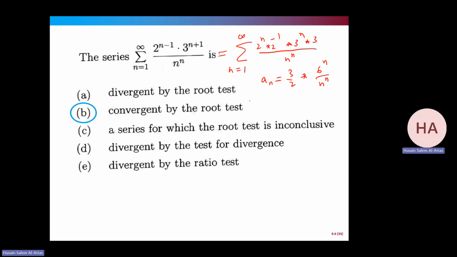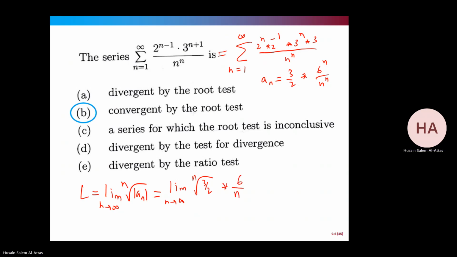So if we find L using the root test, let me do it here. L will be the limit as n goes to infinity of the nth root. Everything is positive, no need to bother. That will be the limit as n goes to infinity of the nth root of 3 over 2 times 6 over n.